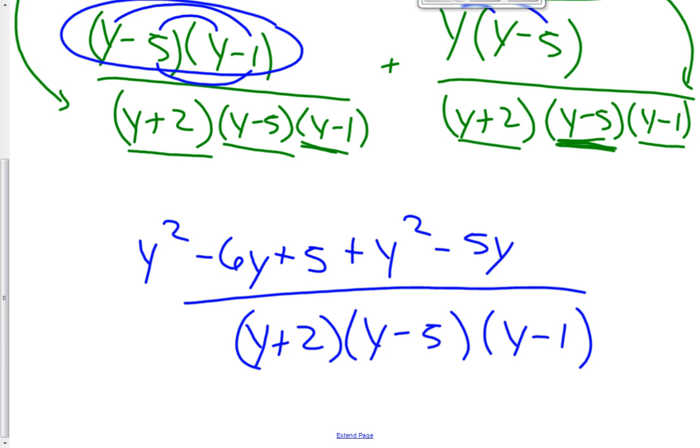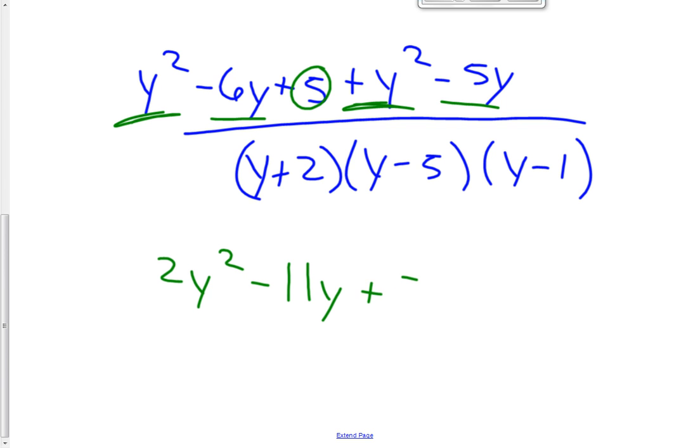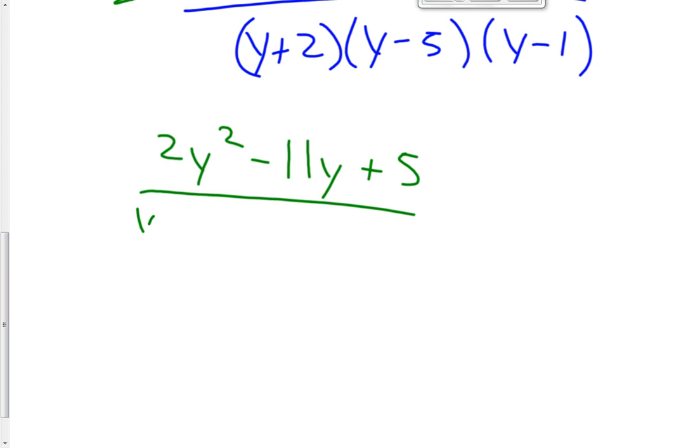Continuing, we're going to combine like terms. So you have 1y squared plus 1y squared is 2y squared. You have a negative 6y and a negative 5y to make a negative 11y. And then you have a constant term of a positive 5. There's your numerator. And your denominator is these three factors of y plus 2 times y minus 5 times y minus 1.